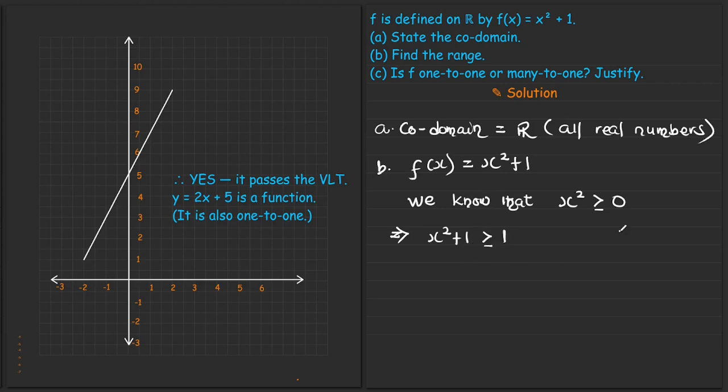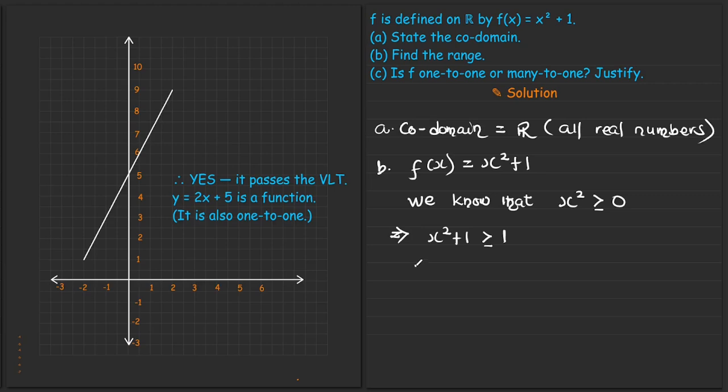Because if x squared is equal to 0, that is if x equals 0, then x squared plus 1 will be equal to 1. Hence, for any other subsequent value, x squared plus 1 is greater than or equal to what? 1. This is all we need.